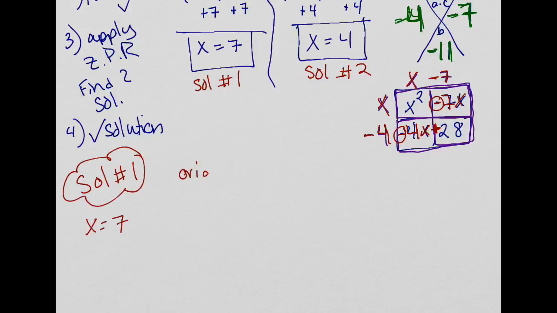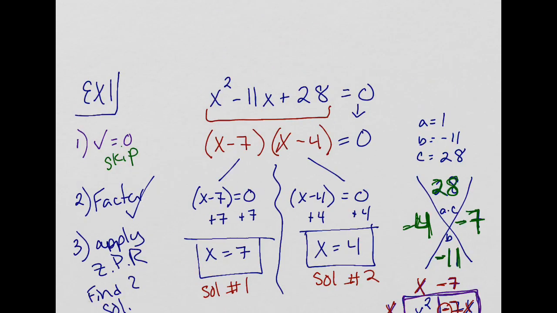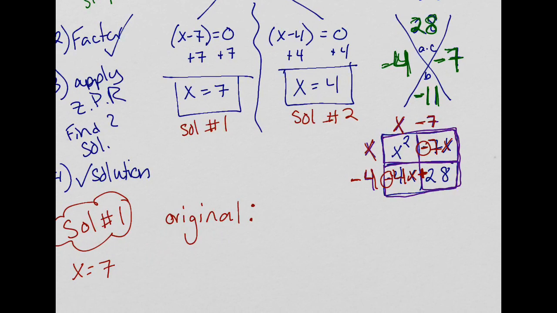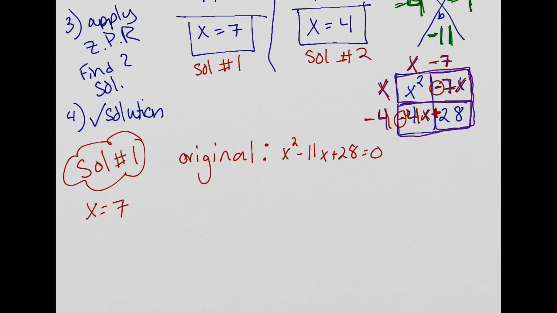Remember that I always need to go back and remember what the original equation was, which was x squared minus 11x plus 28 equal to 0. So to check it, instead of having the x's in the equation, I'm going to substitute that solution. And then I'm going to follow PEMDAS to check that the left side simplifies down to 0.